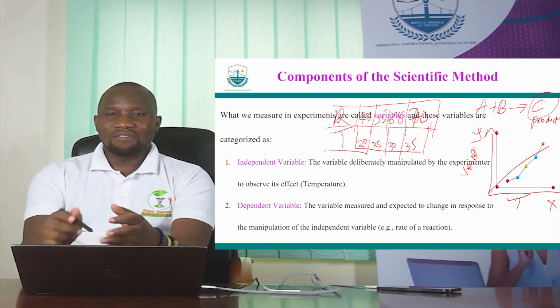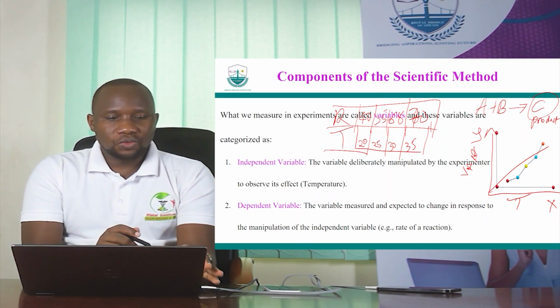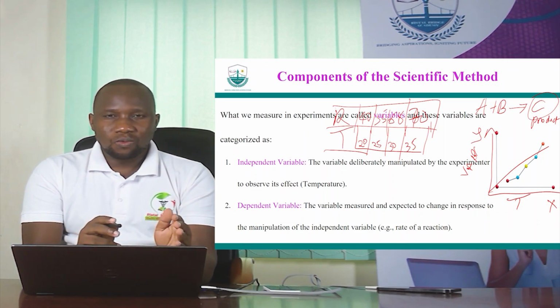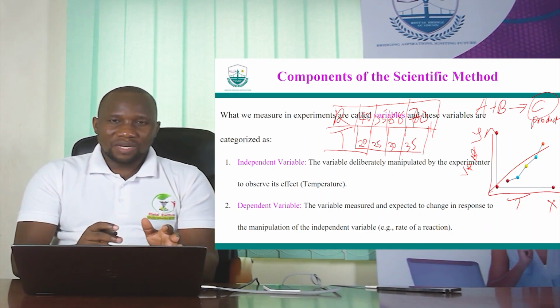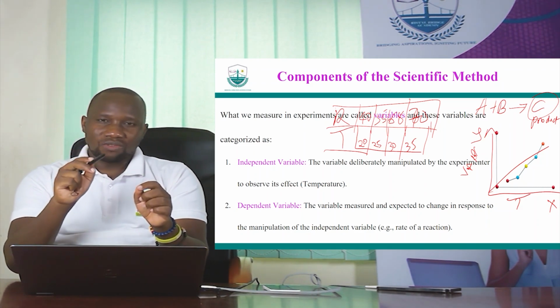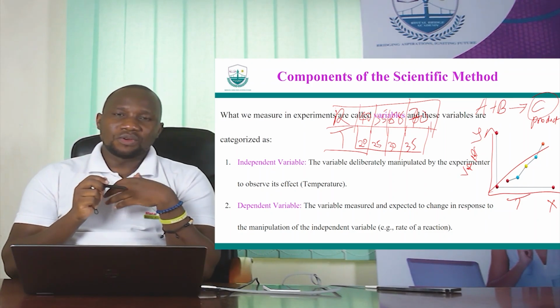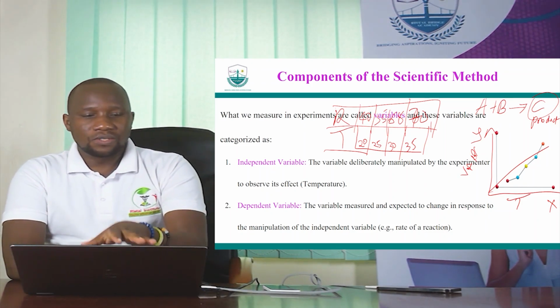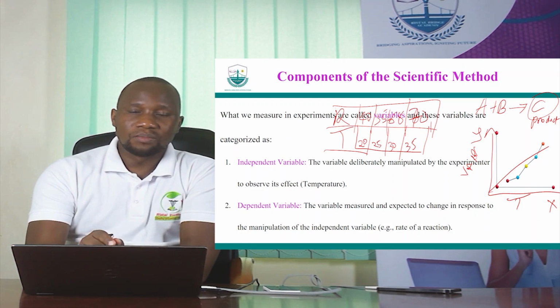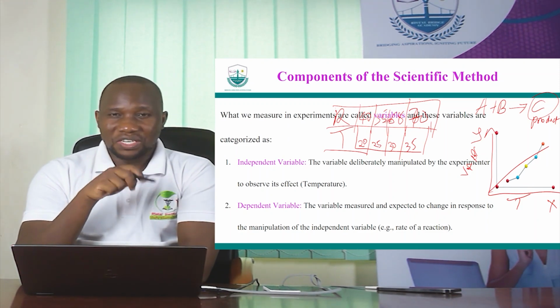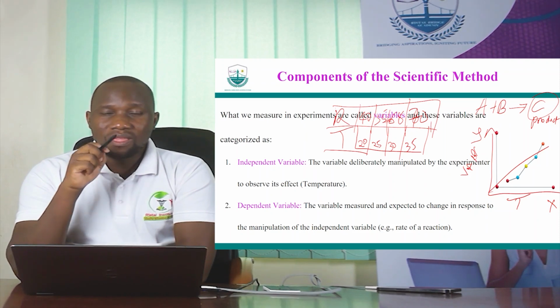So everything that we have done here relates to what we have on this slide. After you have designed the experiment, you make observations of what is happening, and then you'll be recording. The things that you'll be recording and measuring are what we call the variables.